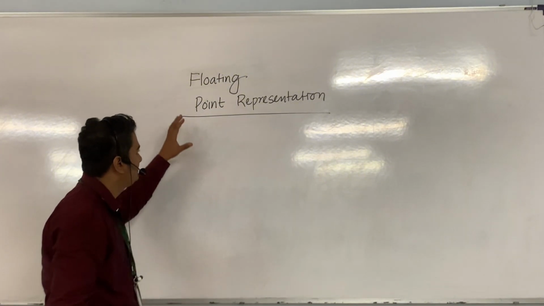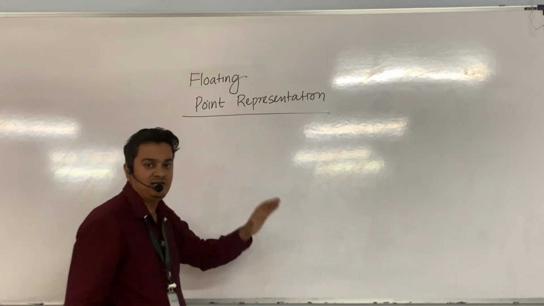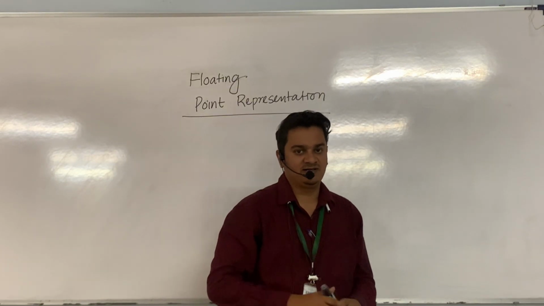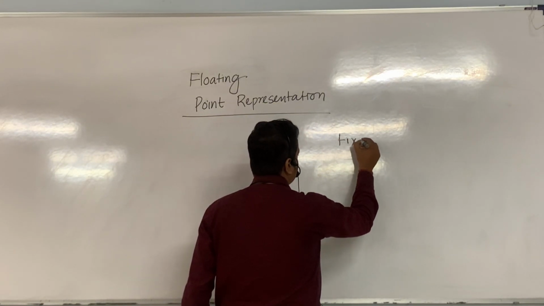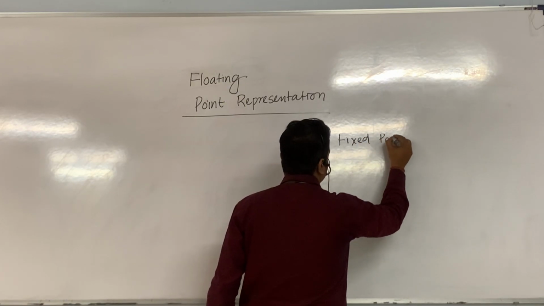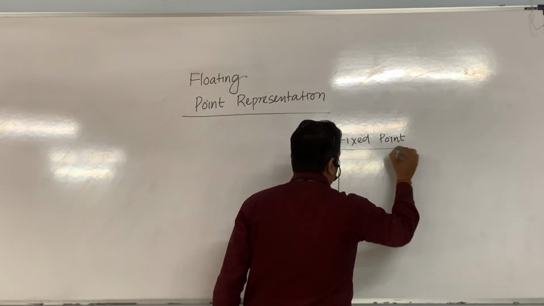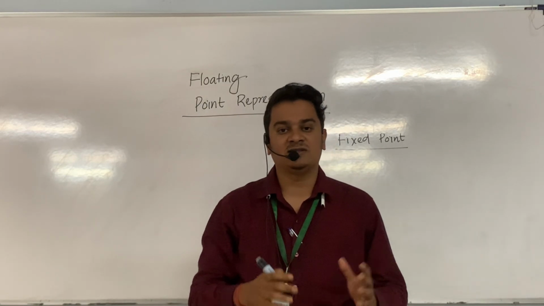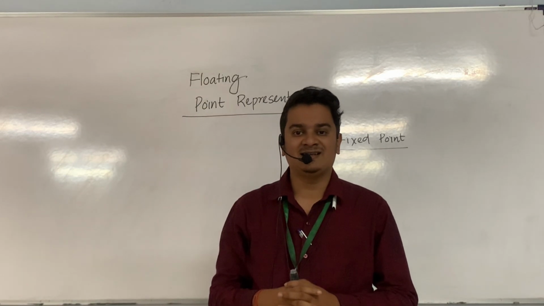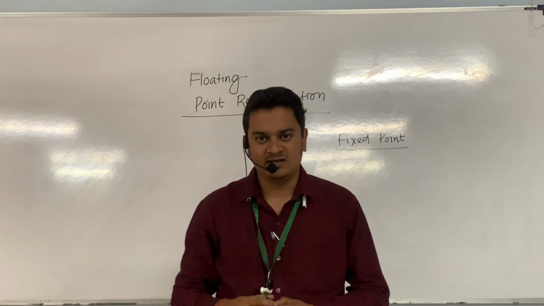Before going for floating point, let me tell you what is fixed point. So there is another important word, that is called fixed point. We are all well acquainted with decimal values, or the numbers which are represented with a decimal point.